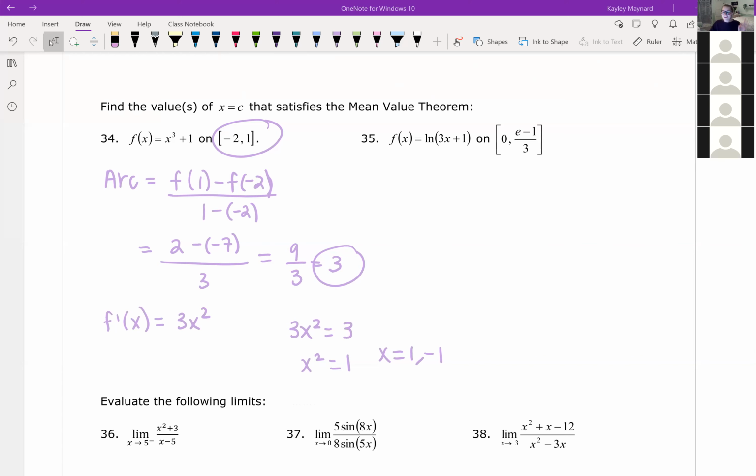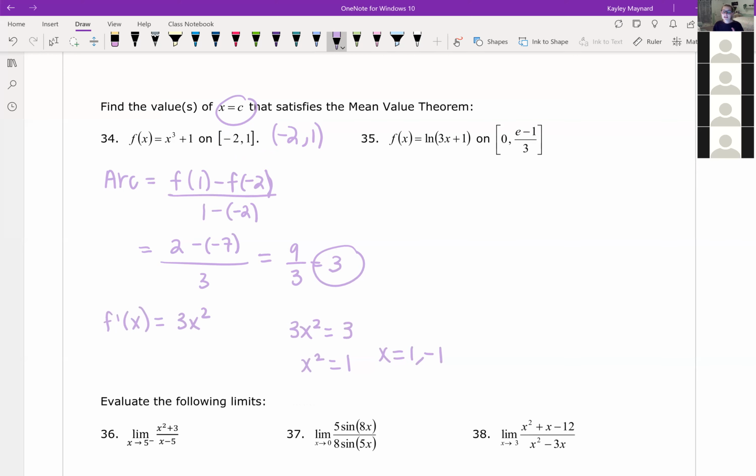So the chat just asked me about the endpoints, which I needed to say something more specific about, the mean value theorem that I actually blanked on for a second. The mean value theorem says that the x value that makes this true actually has to be within -2 to 1. It can't be an endpoint. My bad. Totally forgot to say that at the beginning.